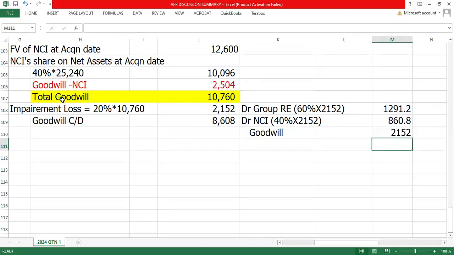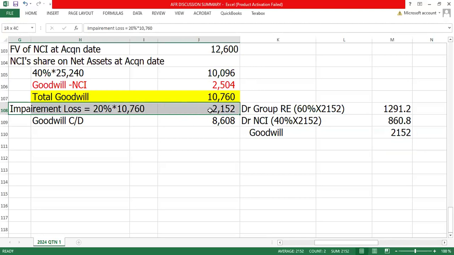Now, when you're preparing income statement, the impairment loss directly goes to income statement. And either it can be under administrative expenses, you just take the whole of it.